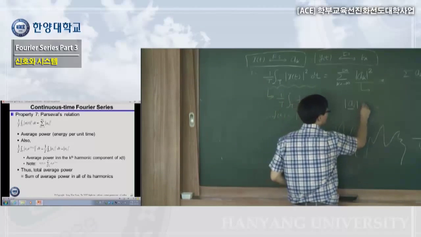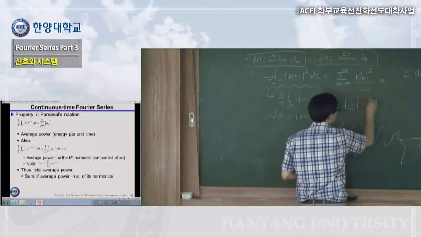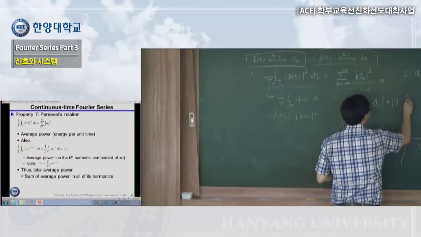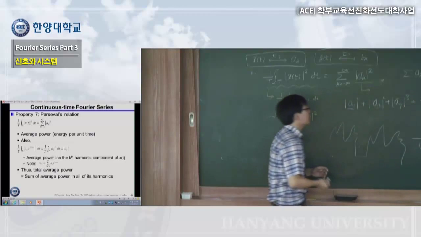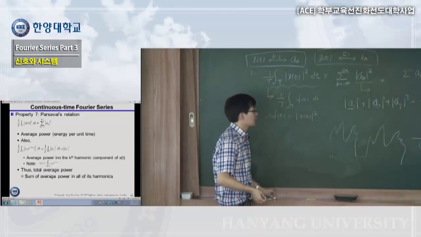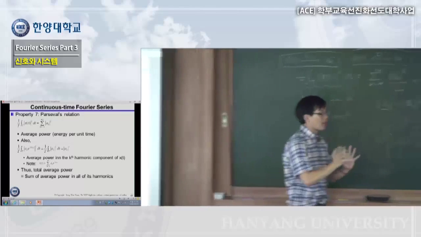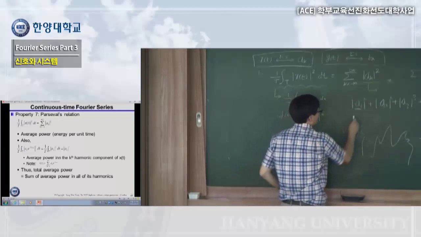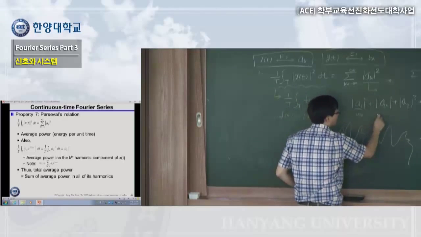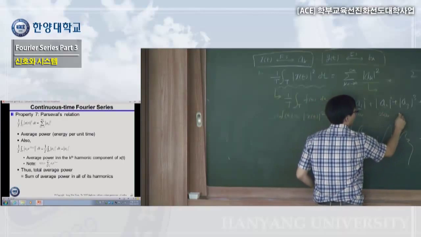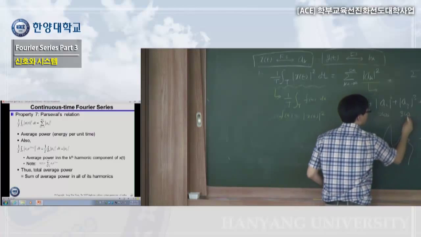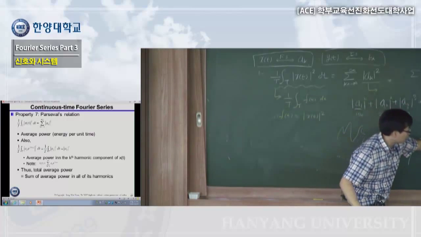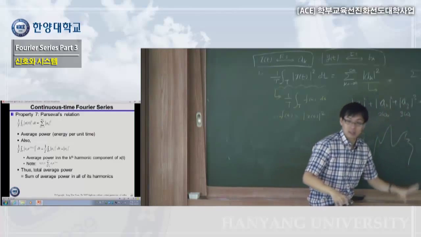And then if you add them all together, that means we are adding the amount of omega 0, the amount of 3 omega 0, the amount of this, amount of this, and keep on going.